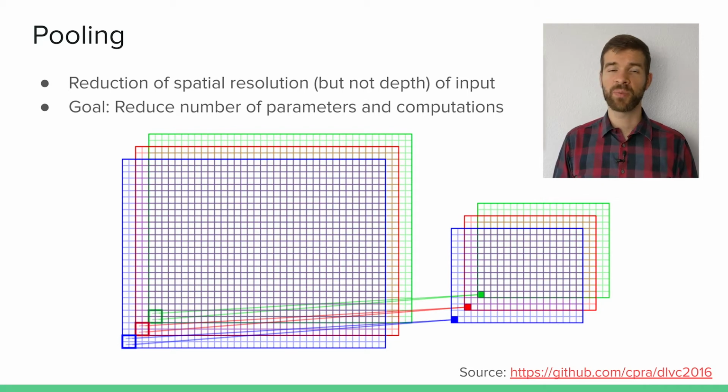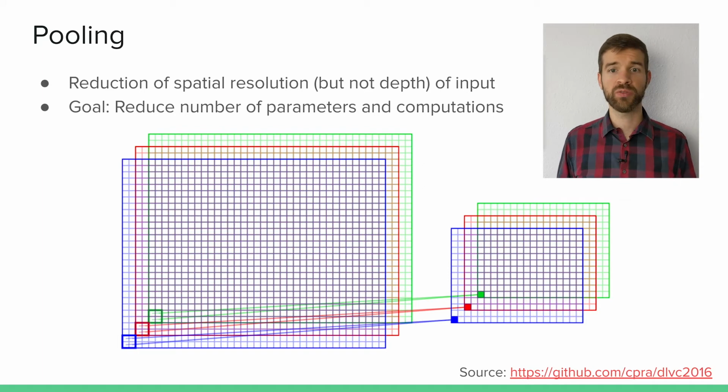Another very important operation that we can have with convolutions in our neural networks is so-called pooling. Pooling reduces the spatial resolution of our input, but not the depth. If we have an RGB image, it will be another RGB image in the next step after pooling, but reduced in size.